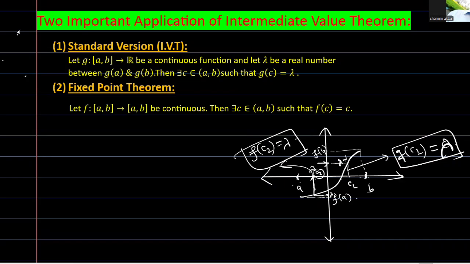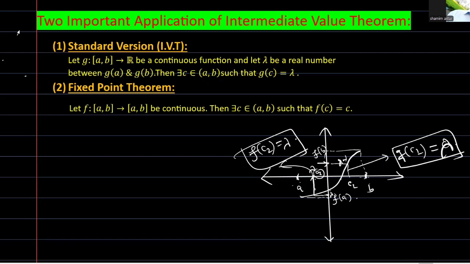This says that we take any value between g of a and g of b, we can always find a corresponding c such that the image of c is equal to lambda. This is the idea of the theorem graphically.